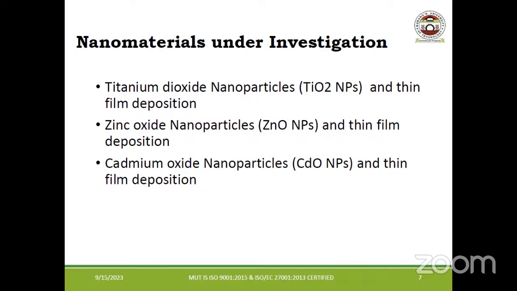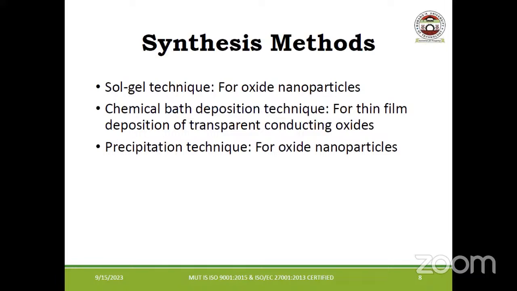We optimize the nanoparticles in the synthesis, and then we use it in the thin film deposition, which we obtain a thin film, which can be used in the solar cell. The synthesis methods that we are currently employing, one, we have the sol gel technique.